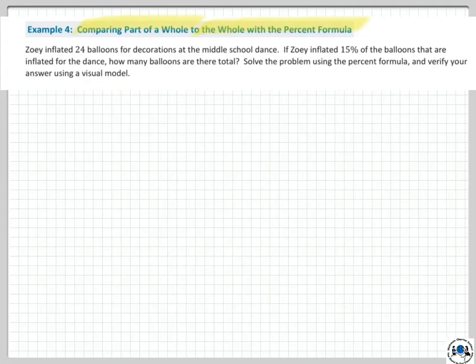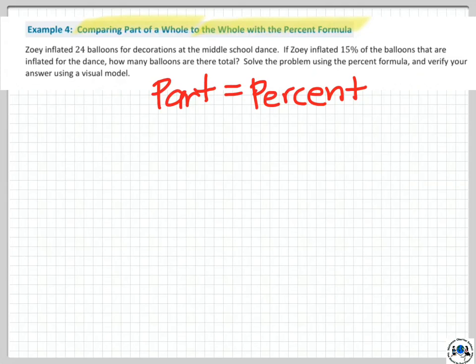I don't think we've actually even mentioned it yet, but it just very simply means part equals the percent times the whole. Okay, so we have a formula now. We're going to use algebraic reasoning, and we're going to use this formula to solve this problem here, example 4.